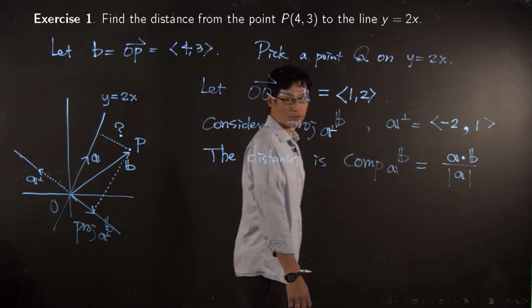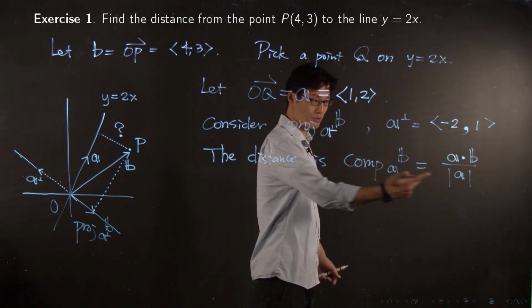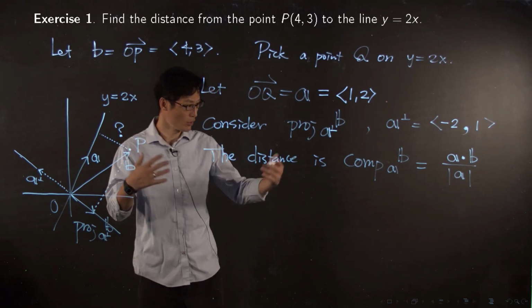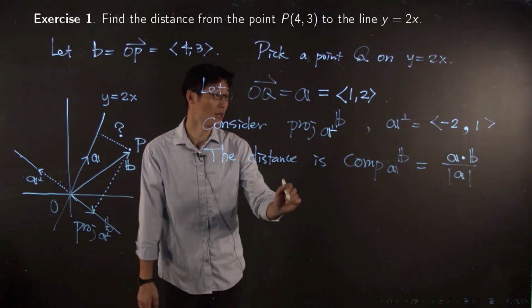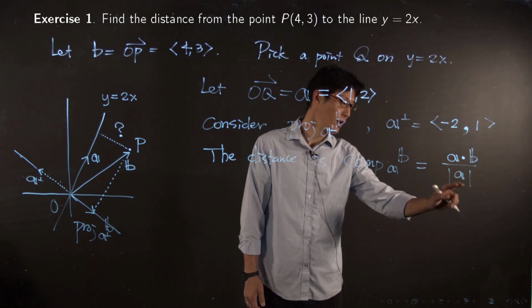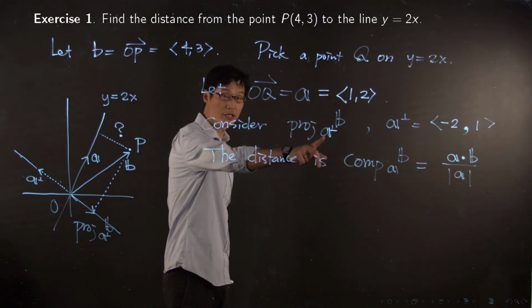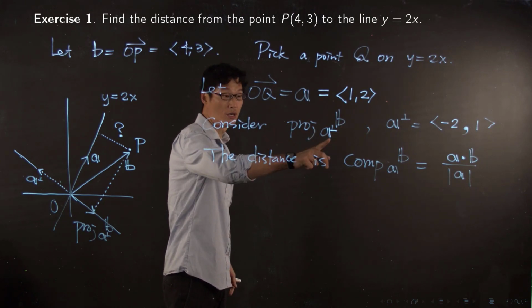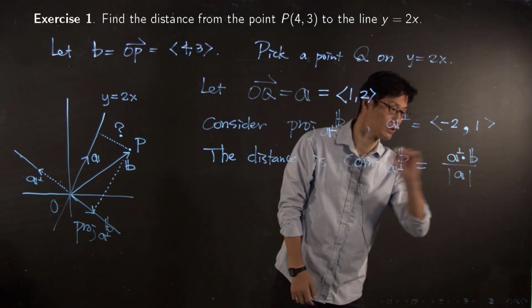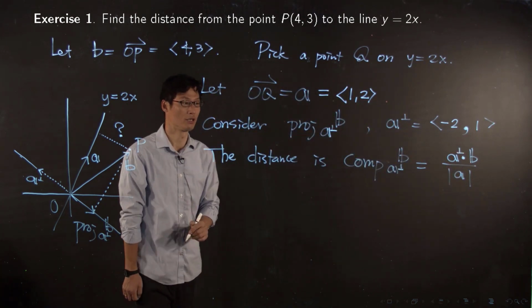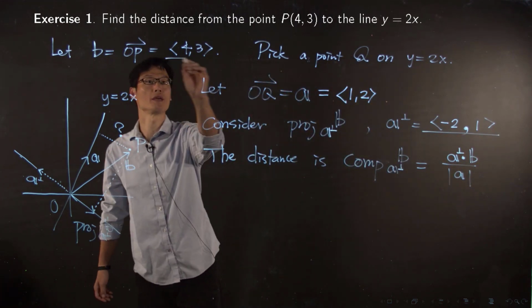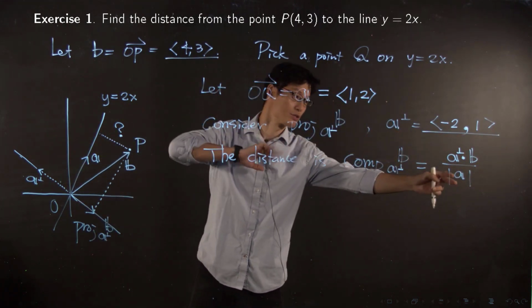So the magnitude of this guy is completely just this. Okay, so we are ready to calculate. So A dot B over the magnitude of A. But in this case, we are taking the projection of B onto the orthogonal complement. So we need to take the orthogonal complement like this. The orthogonal complement is here, and we have vector B. We have everything to calculate this.